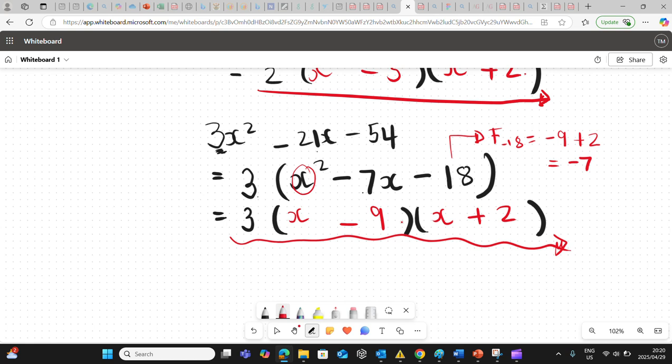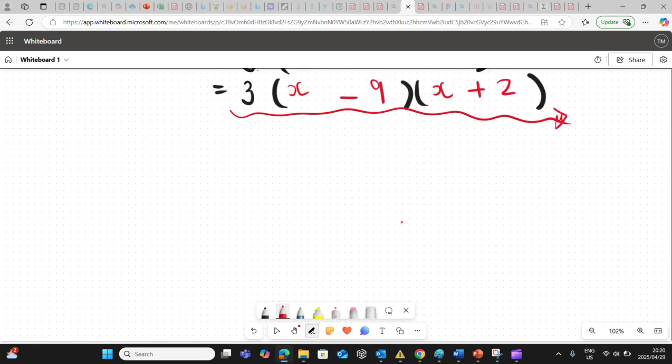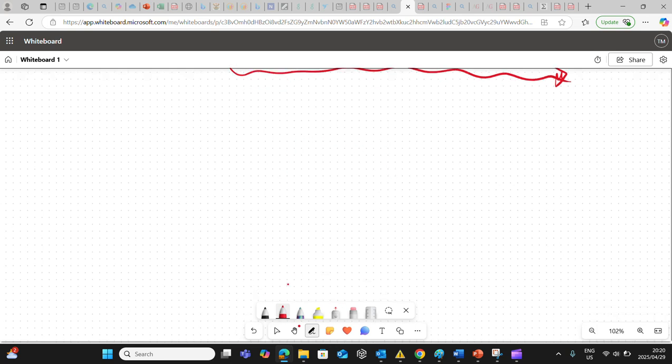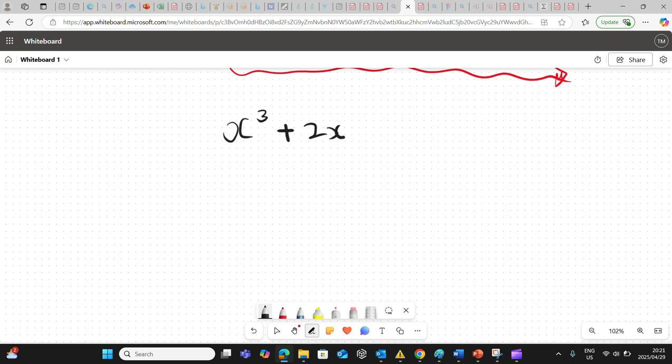Easy, right? As soon as you understand the easy ones, the easy trinomials, then every other one after it will become second nature. All right? Let's look at this other one, which is slightly different. So previously I said 90% of the time it will always be that coefficient that you see in front.